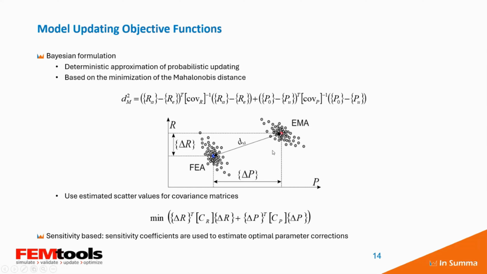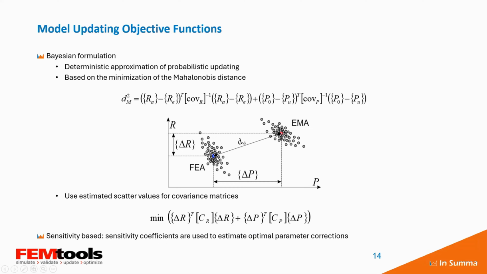Of course, there may be practical situations where you do not know what the point cloud is, then we will make assumptions about these statistics. So we introduce what we call a scatter value, which is an estimation of the size of the point cloud.